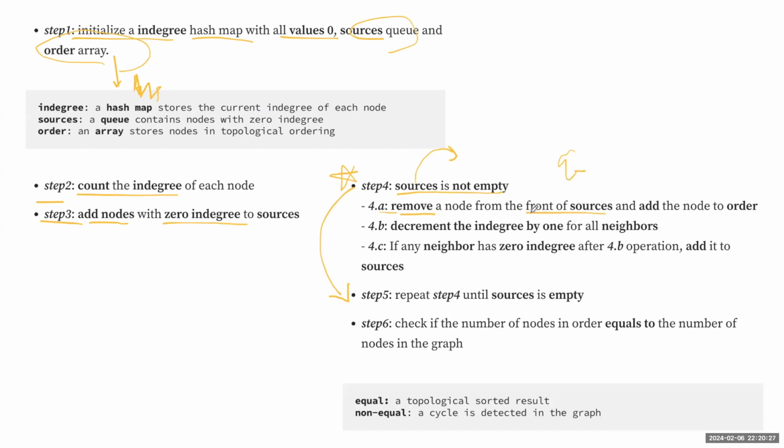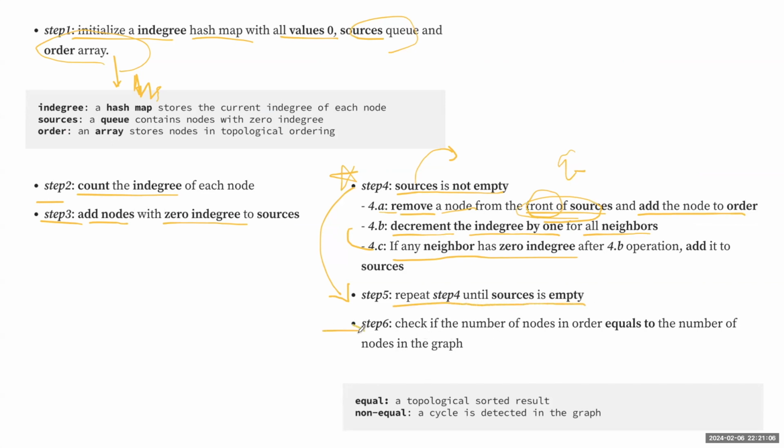So we pop it from the front and add the node to the order. We decrement the in degree by 1 for its neighbors, whose neighbor is just the node at the front of sources. And if any neighbor has 0 in degree, we add it to the sources. So repeat step 4 until the sources is empty.